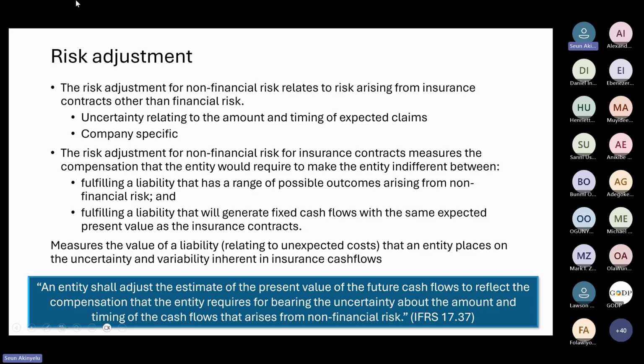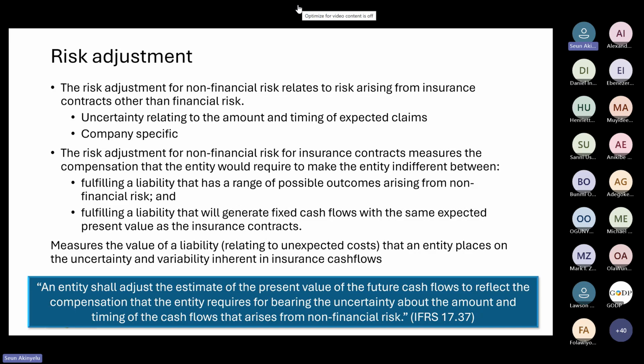Risk adjustment. What is risk adjustment for again? Remember I explained, the fulfillment cash flow is the probability weighted PV of those net cash flows and the risk adjustment. Risk adjustment basically is to factor in the non-financial risk. Whenever you are doing a fulfillment cash flow, it is financial risk. That is why we are using a discounting factor, because we are considering the financial risk.